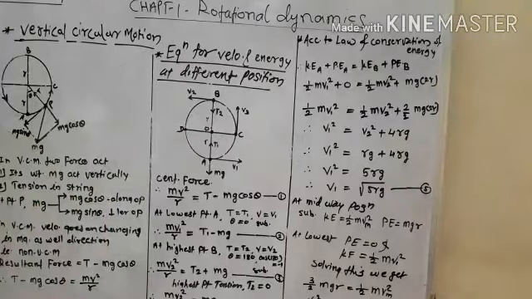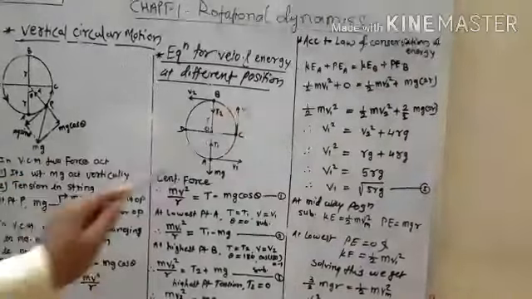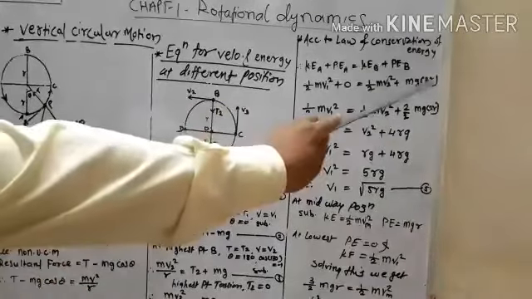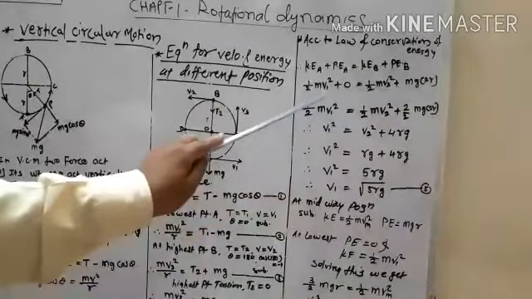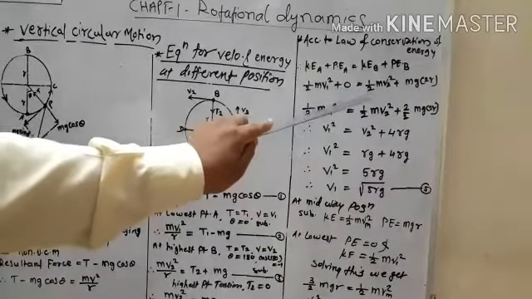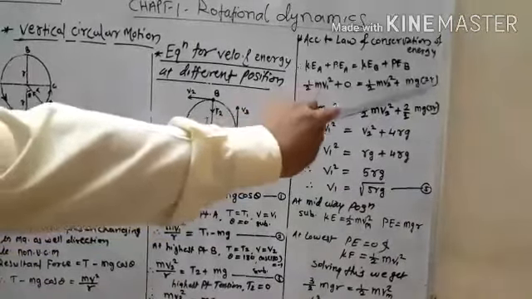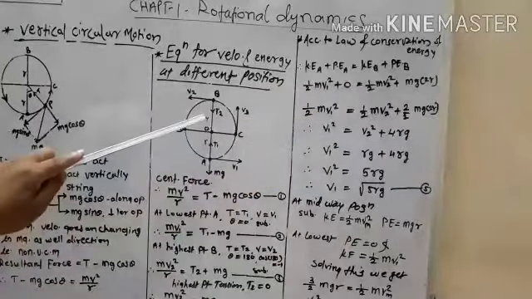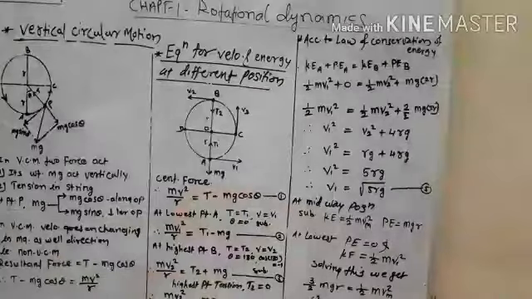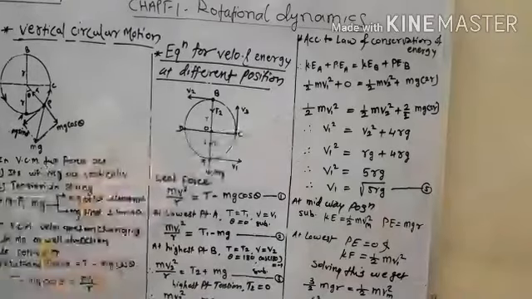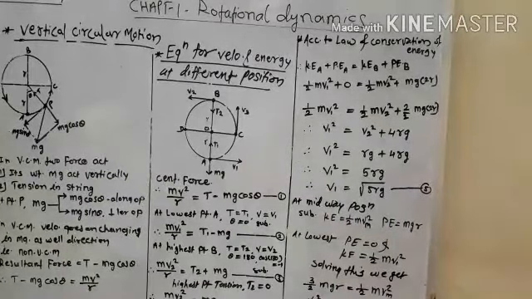This is the height h, and therefore substituting in mgh, instead of h we can write 2r. So 1/2 mv1 square plus 0 is equal to 1/2 mv2 square plus mg times 2r.